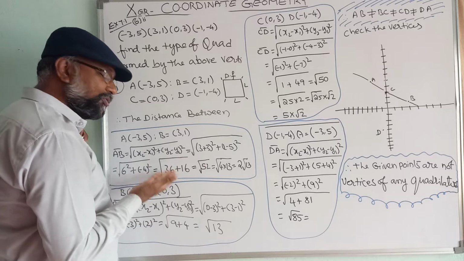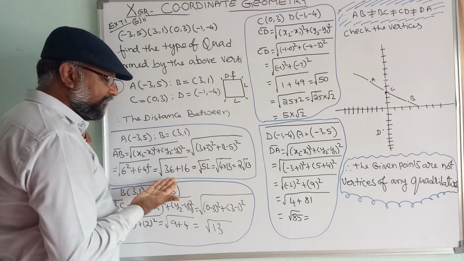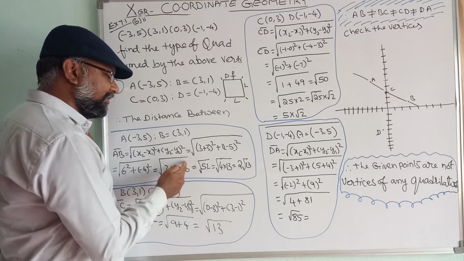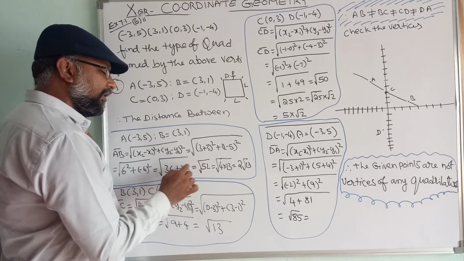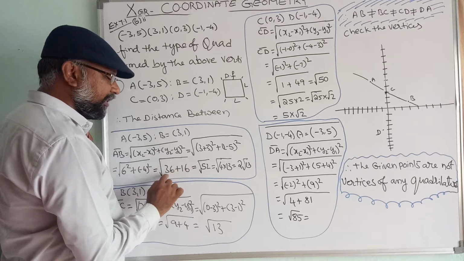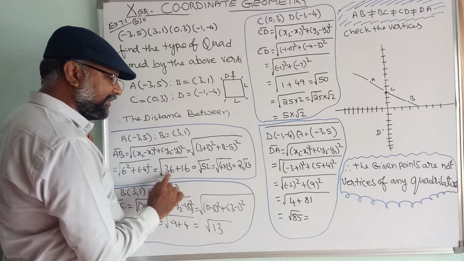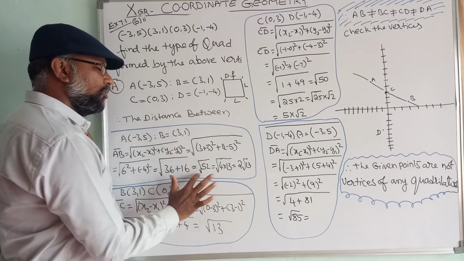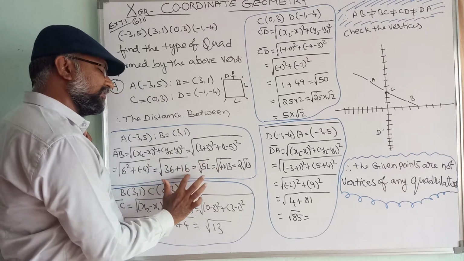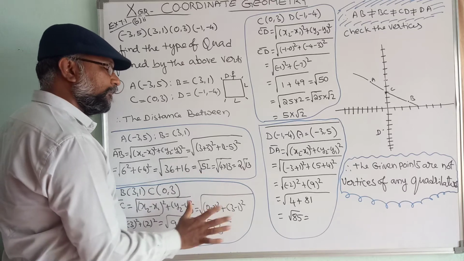Therefore, we should not simplify like this. The root operation cannot be done separately for 36 and 16. So root of 36 plus 16 is root 52.